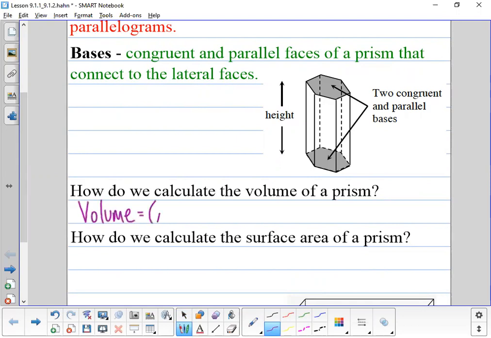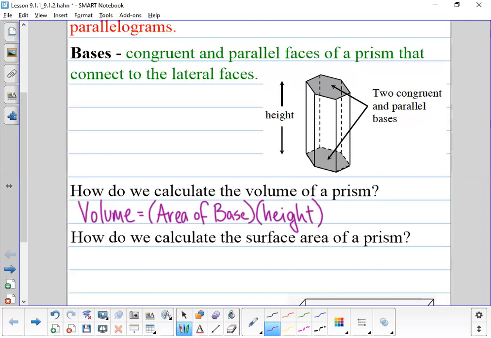Your volume is going to be the area of your base. If that's a regular hexagon, then you would calculate the area of the regular hexagon. If it was a triangle, you would calculate the area of the triangle. If it's a rectangle, you'd calculate the area of the rectangle. And then you're going to take that area of your base and multiply it by the height. And that is how you would calculate the volume of a prism.